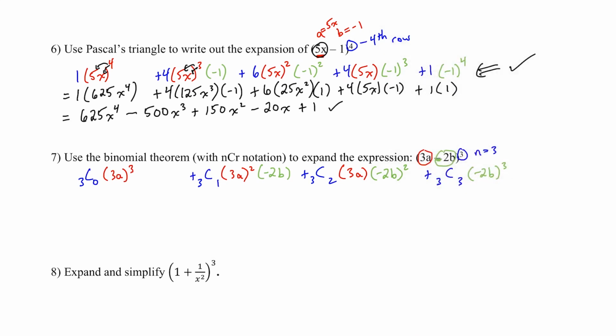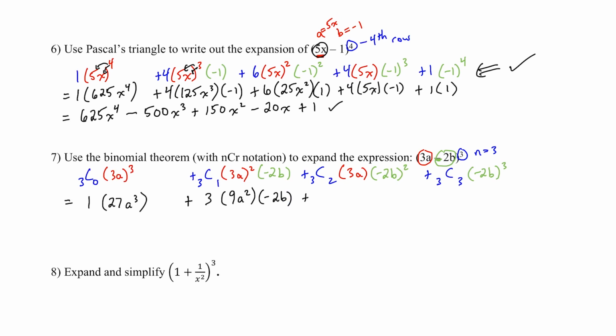Again, to follow the pattern, I like to deal with each separate section and just expand. So 3 choose 0 is 1, and 3a to the power of 3 is 27a cubed. 3 choose 1 is 3, and 3a squared is 9a squared times negative 2b.